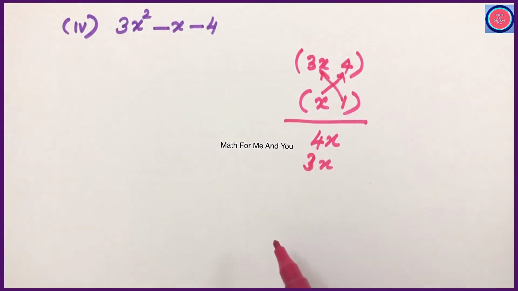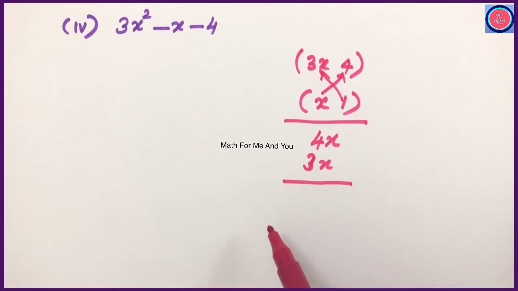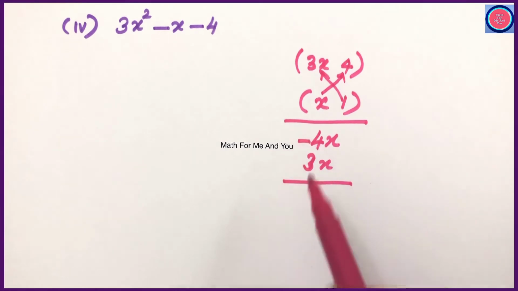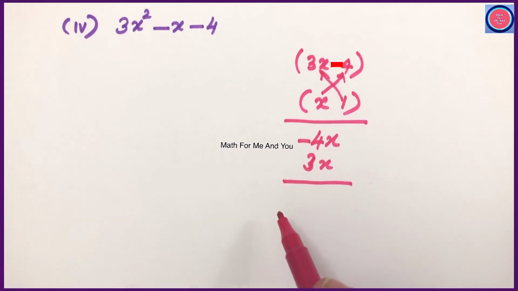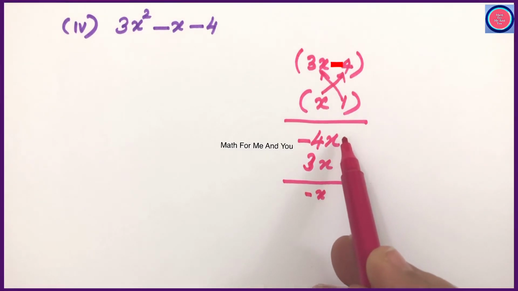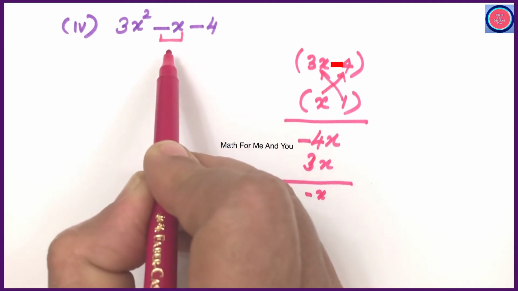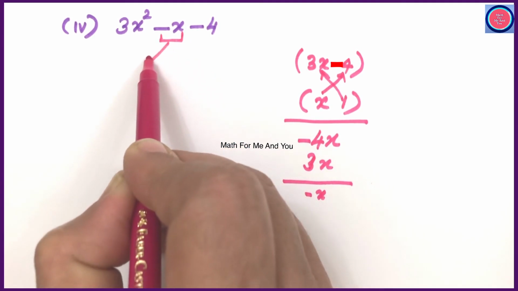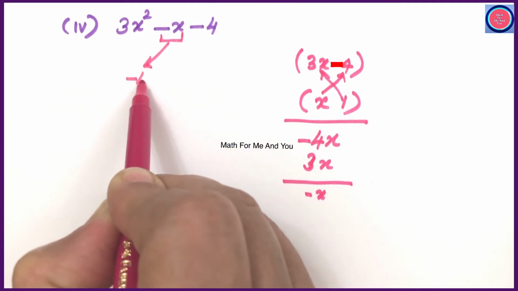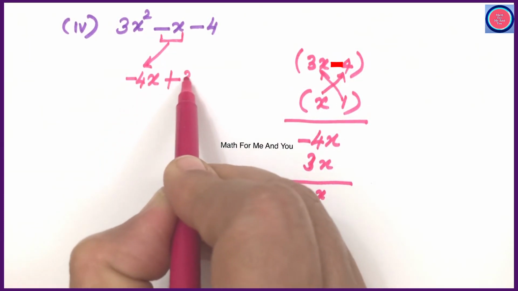If we keep 4x as a negative term, negative 4x, then we get minus 4x and 3x together minus x. So we can change 4 as negative 4, okay? And then we get minus x. That means the middle term minus x we can split as minus 4x and 3x, because minus 4x plus 3x will give you minus x.